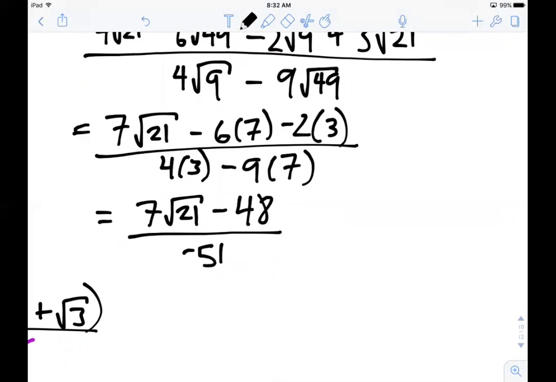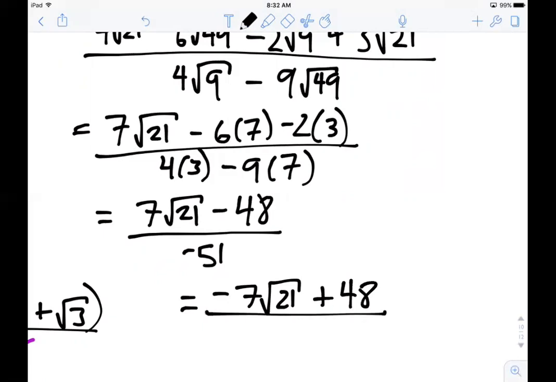I have to be careful that I make the entire numerator negative, which means I need to flip the sign of every term in the numerator. So I get negative 7 root 21 plus 48 all over positive 51. And that is the fully simplified version of that original statement.